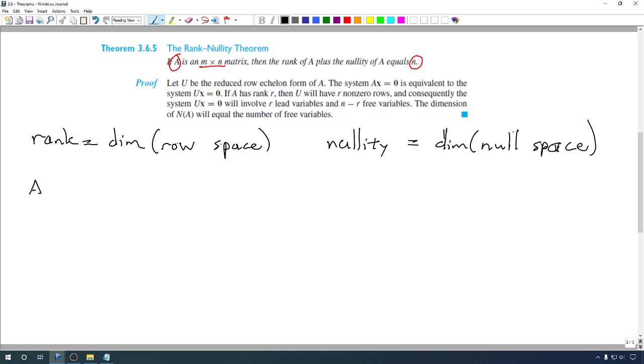We had the matrix A, which was 1, 2, 2, 3, 1, 4, and then 2, 4, 5, 5, 4, 9, and then finally 3, 6, 7, 8, 5, 9. That's our matrix A. We want to discuss the rank and the nullity of this matrix.